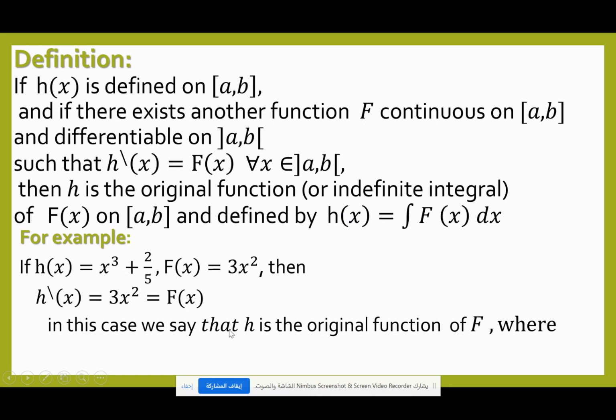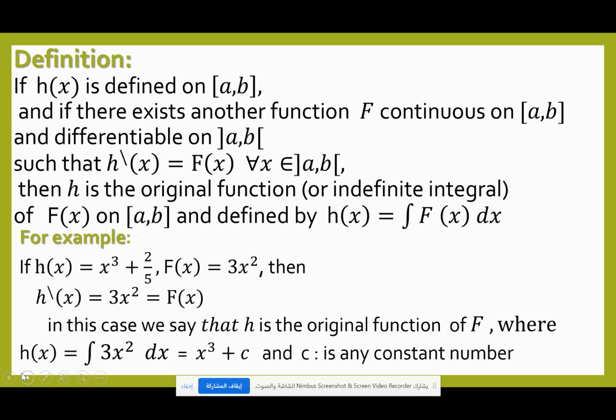Let us see how that can happen. h of x equals the integration of 3x squared dx. Look, we took this f of x, which is 3x squared, and we put it here to integrate it and do the opposite operations. That means instead of multiplying the power down, we're going to divide.